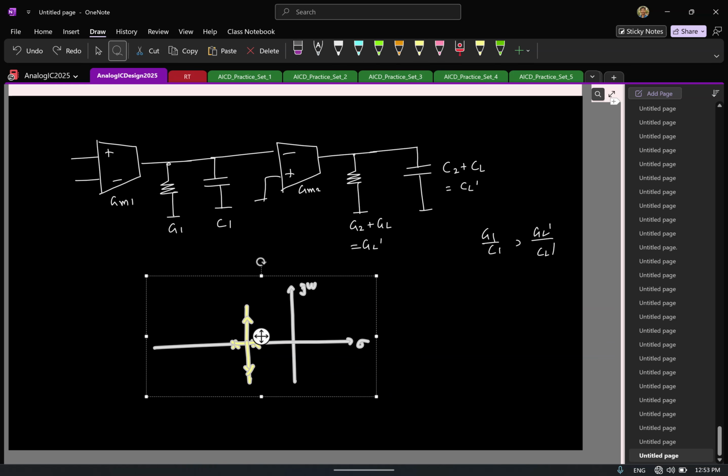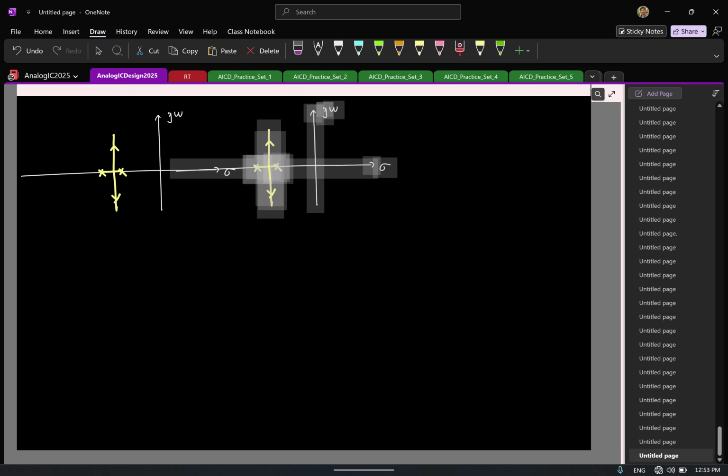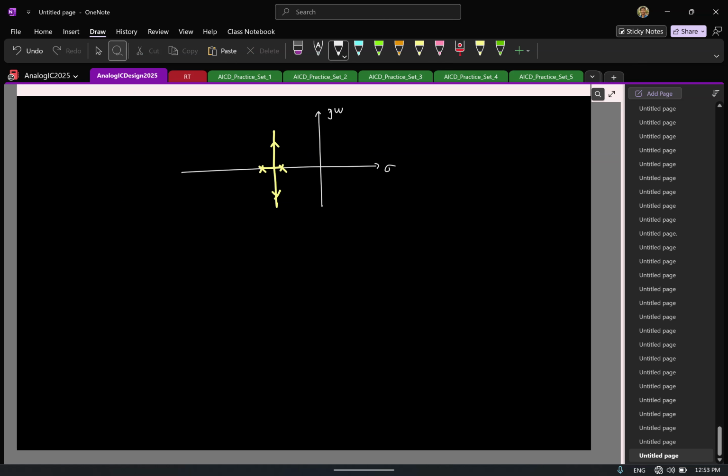Let me again copy this. So what we want is the following. My closed loop pole should lie where? On the real axis. Now we also know for a fact that my root locus plot, that is the closed loop poles, starts on the real axis and then branches out into the S plane.